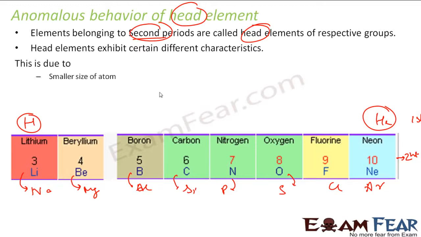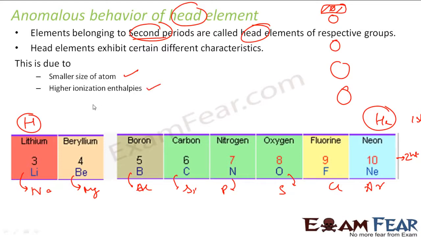Because of the smaller size of the atom. These atoms, the second period elements, are very small in size. You have seen that the size increases as you go down the group, in this fashion. So these are very small in size, and that's why they behave in a different manner, and they have very high ionization enthalpy. Why? Because the size is so small, it takes a lot of energy to pick one electron.